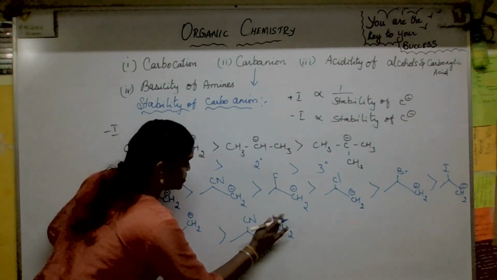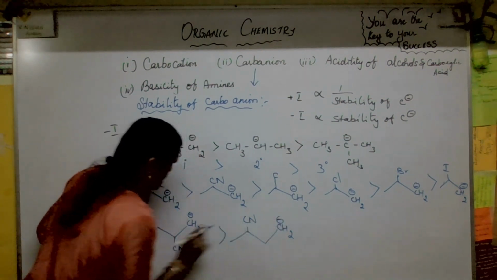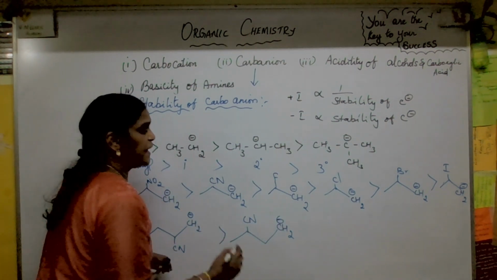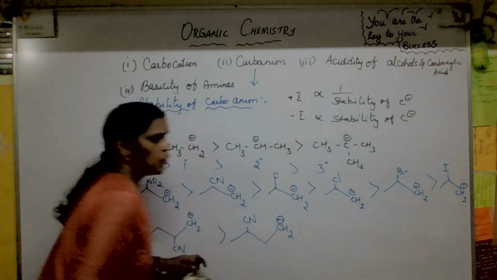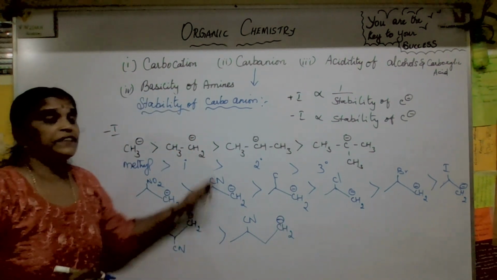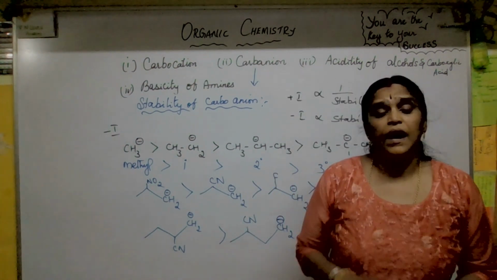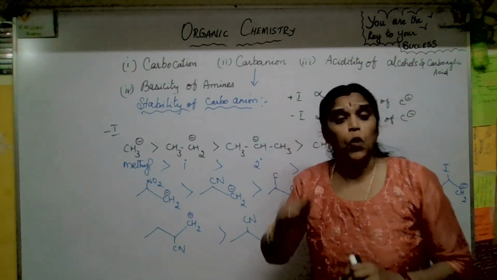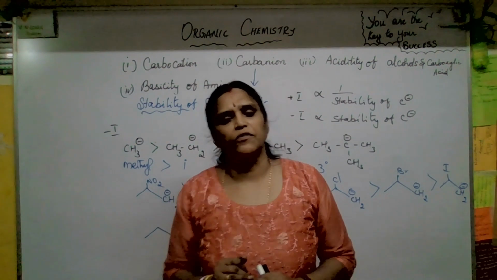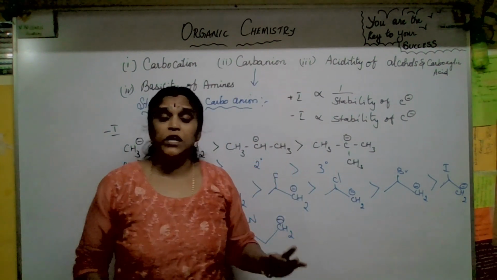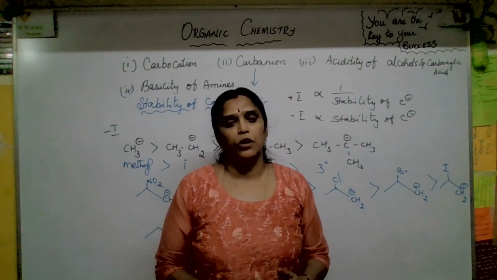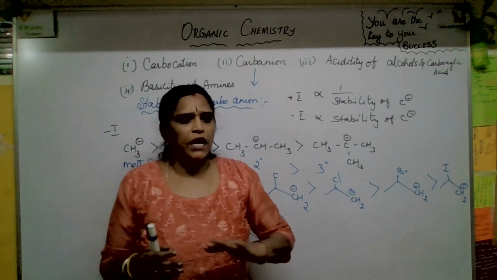Now you see the minus charge, you see that where the position is. In that way we can go for it. Hope you're clear with this carbocation and carbanion. I hope you're very clear about what is carbocation, the stability of carbocation, and the same way what is carbanion and the stability of carbanion. You know thoroughly, I hope so.